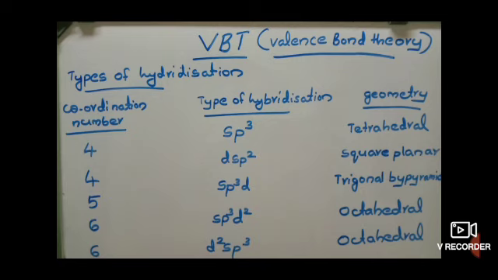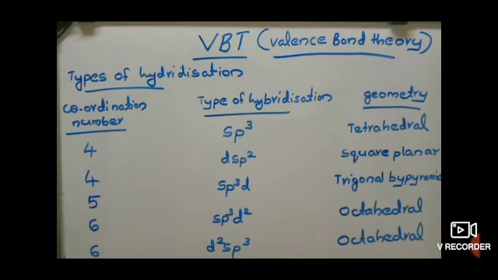That is, when the central metal atom and ligand come together, it can use these orbitals for hybridization. As a result, they will get equivalent hybrid orbitals, which when oriented in different directions, will get a particular shape. So, let us see how that happens in detail.